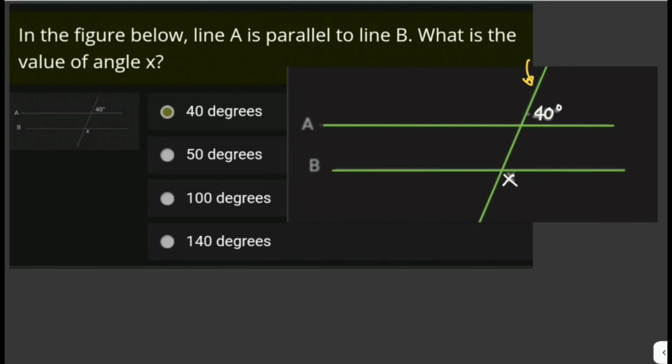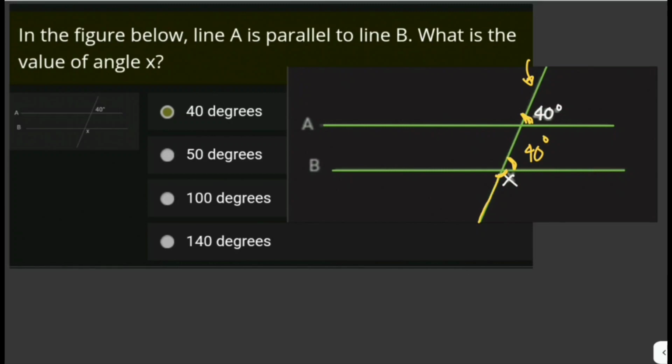Okay, so we're given here that this angle is equal to 40 degrees, and we need to find angle X, which is this one. So this angle here is just equal to this angle here because they are corresponding angles. Therefore, this is just equal to 40 degrees.